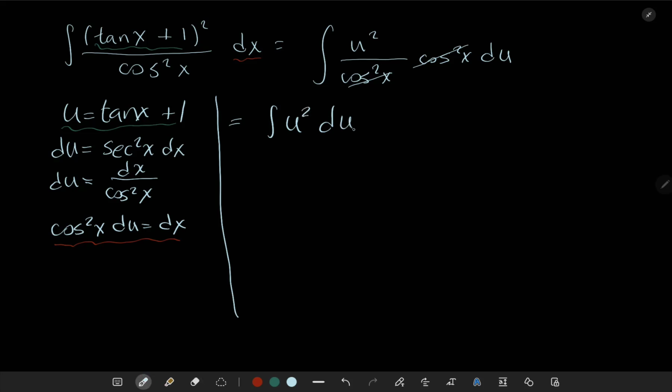I'm already integrating. And here you're going to be adding 1 to exponent where you get u cubed over 3 plus c. Then you just take back your substitution, which is going to be the tangent of x plus 1 cubed all over 3 plus c. All right, so that's one of them, and we'll do another example with trigonometric functions, so we see how they work.